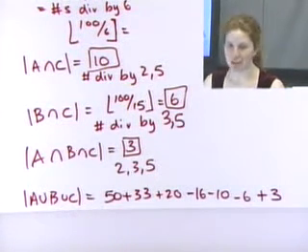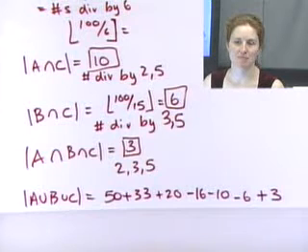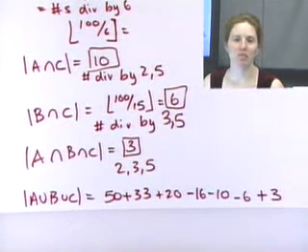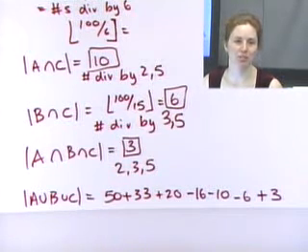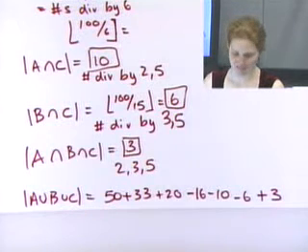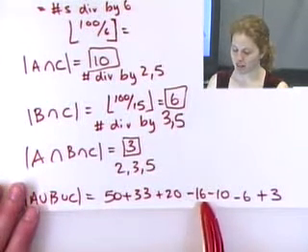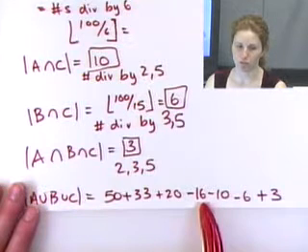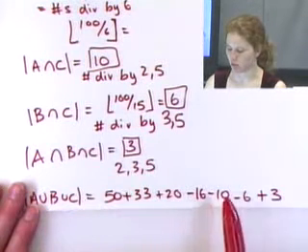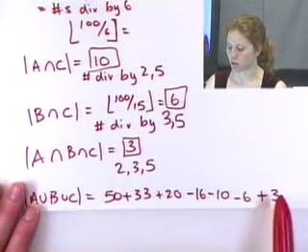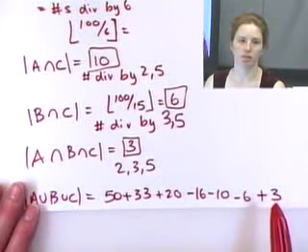101 numbers. It can't be 101, can it? I'm sorry. It can't be 101 because we only have 100 numbers, right? So that's 53, minus 16 is going to be 40, minus 3 is 37, minus 10, 27, minus 6 is 21, plus 3 is 24. Plus 50.